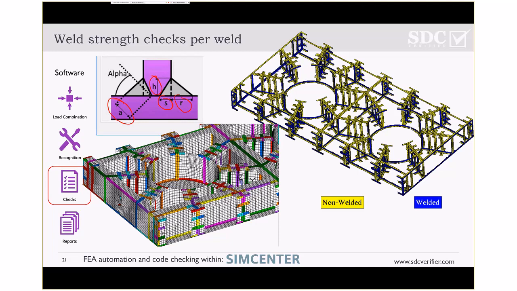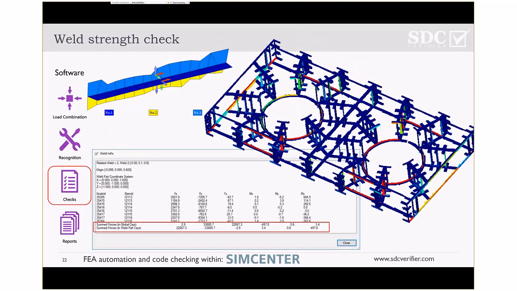You have simple tools like, for example, all the welds should have at least an A height of 4. Then you select a couple of others. You can set half the plate thickness. So there is a quick method to set different parameters for the different welds, and then you get a result like this. For a single weld, you sum up the total load over all the welds, and you divide that by the total weld capacity.